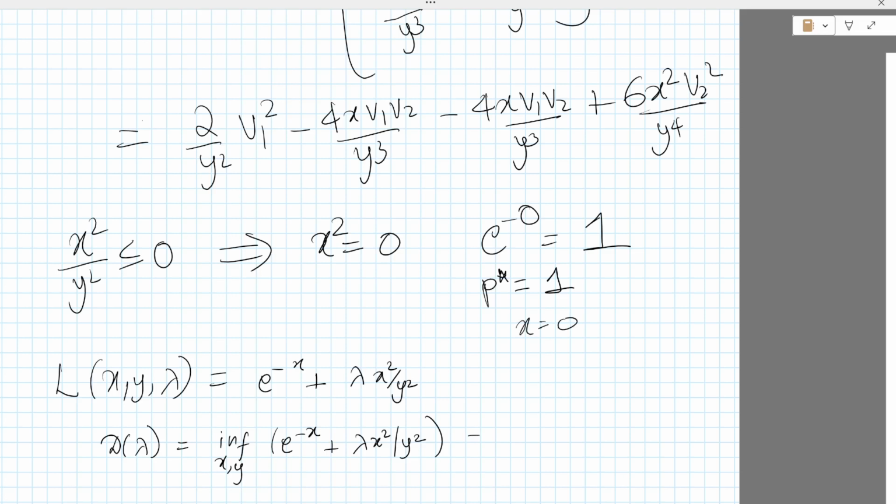X equal to 0 automatically implies that this term is 0.